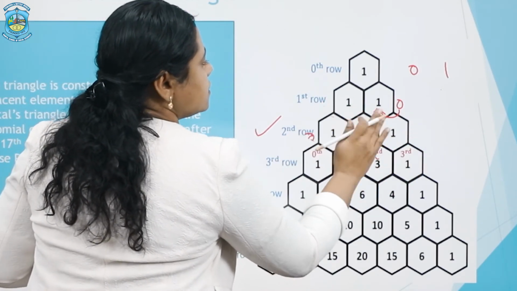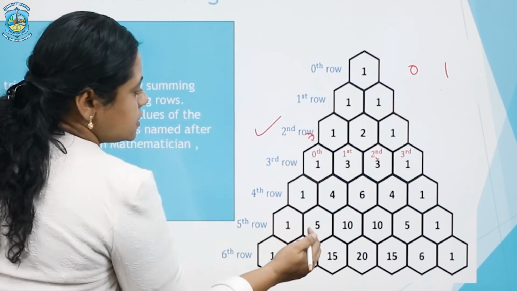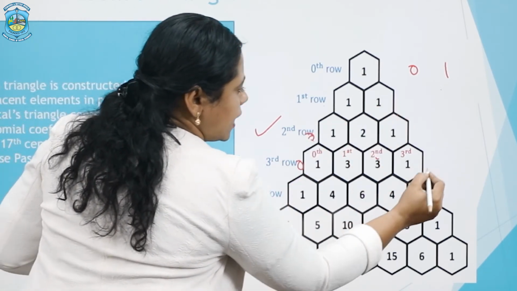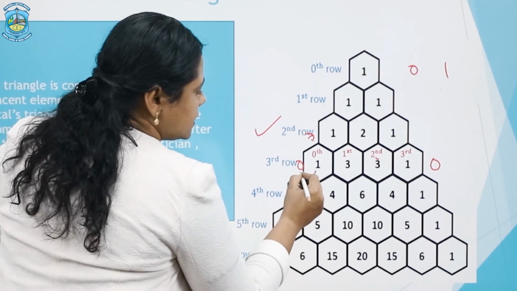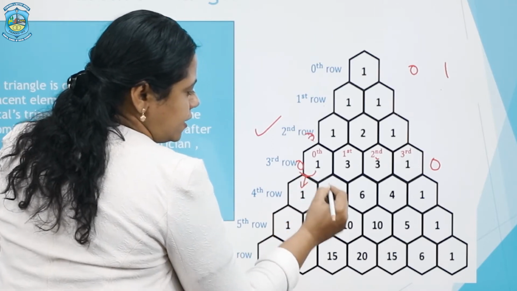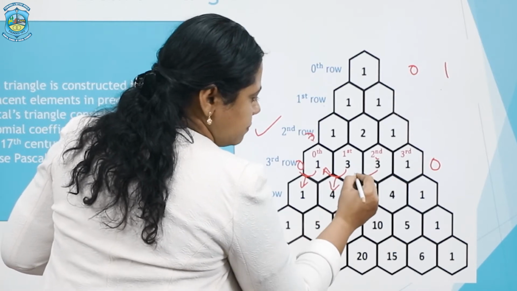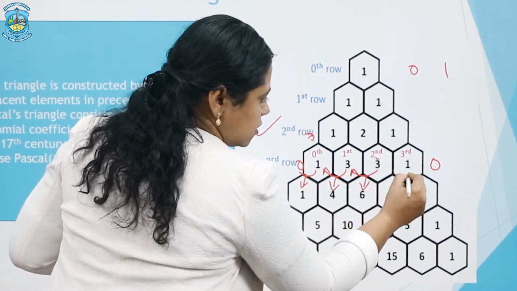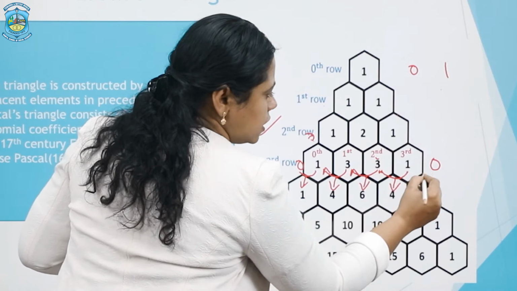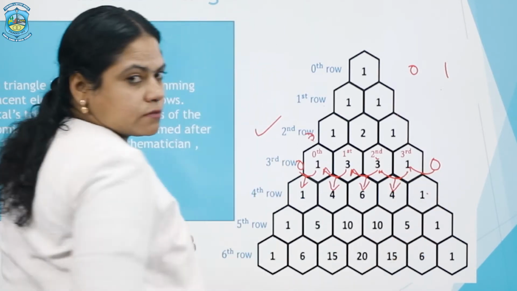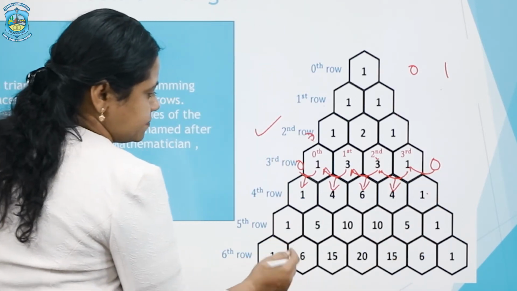Look at this one. I am putting 0 and 0 here. Now 1 plus 0, 1, 3 plus 1, 4, 3 plus 3, 6, 1 plus 3, 4 and 0 plus 1, 1.